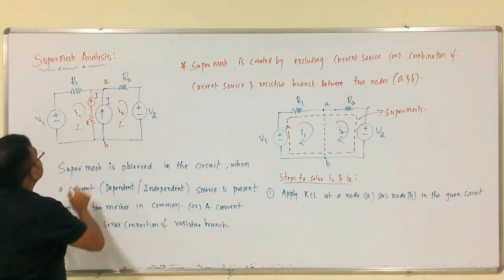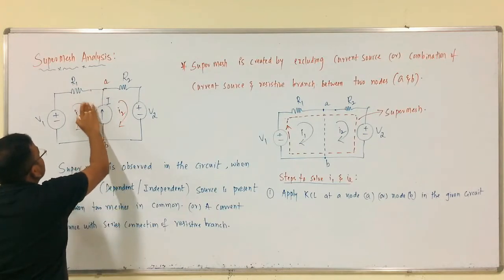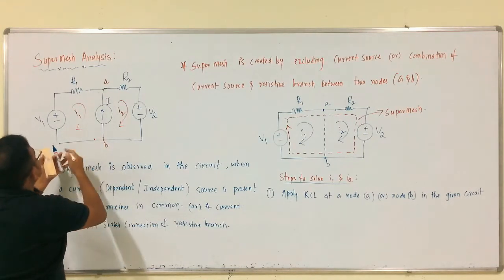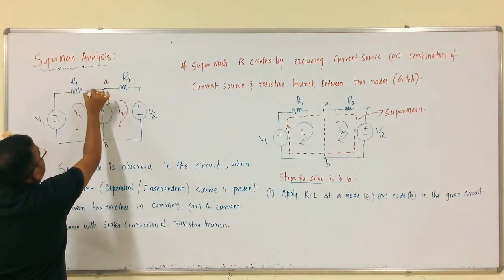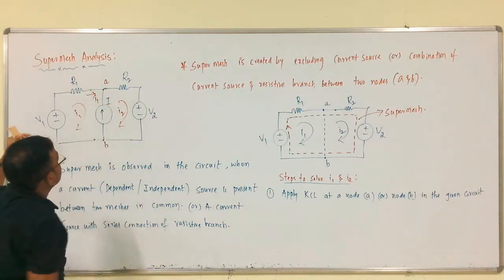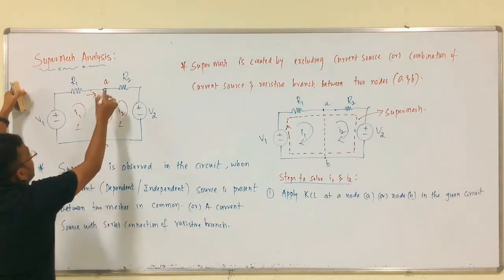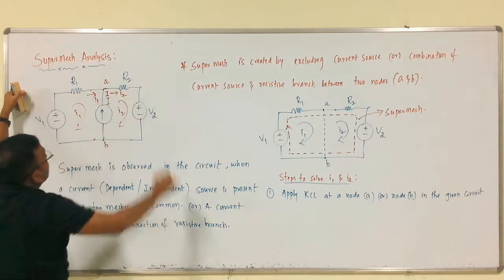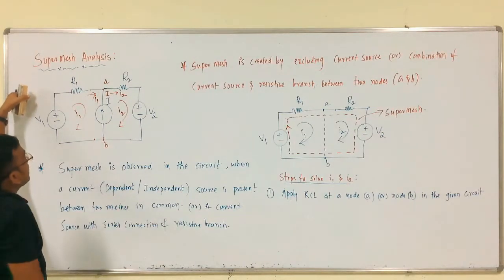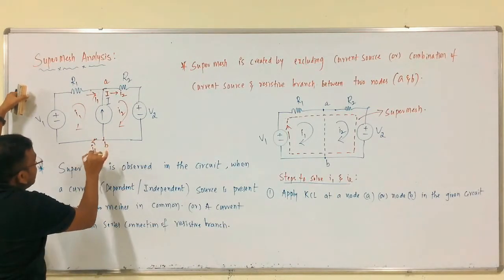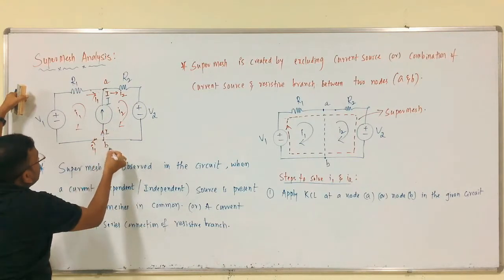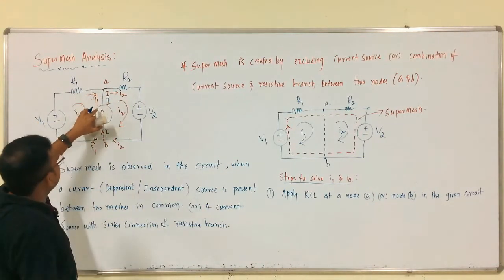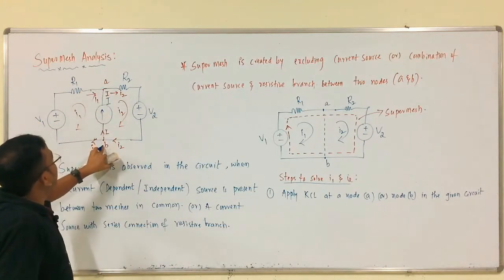See, this is the current direction. At this node, the current I1 is entering, and the current I2 is leaving. Same, you have to apply KCL at this node or at this node.